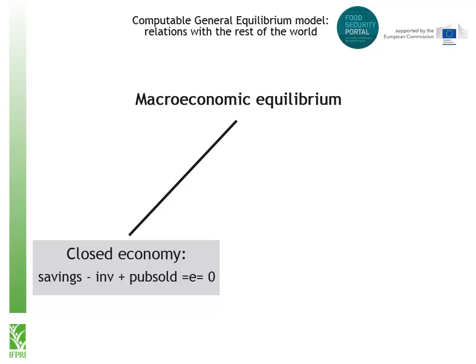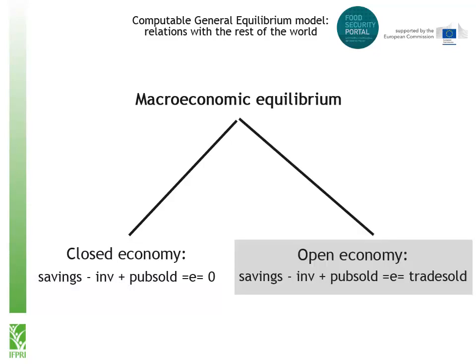And so in the model, it was savings by households minus investment by firms in the model plus public sold, which is either a deficit or a surplus by public administration. And so in an open economy, it's different because this macroeconomic equilibrium becomes savings minus investment plus public sold must be equal to the external account, the trade sold variable.